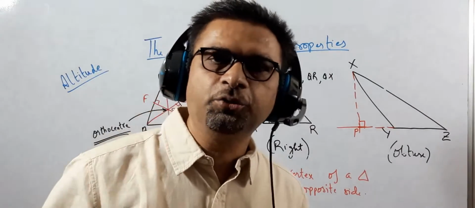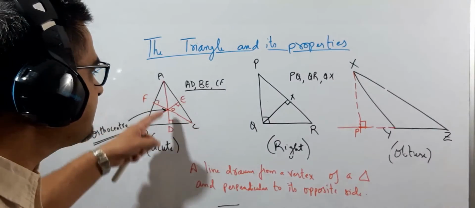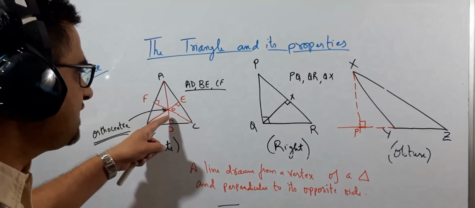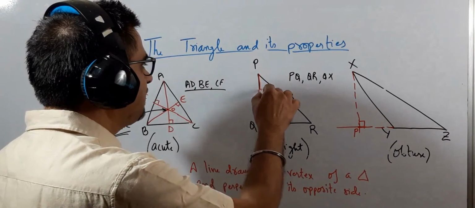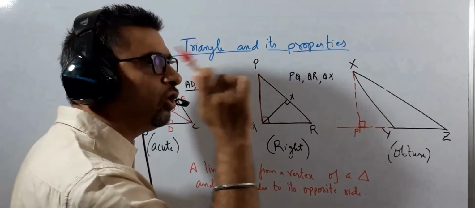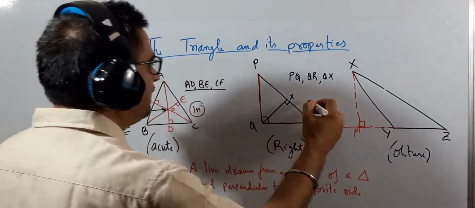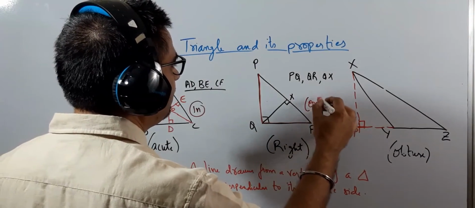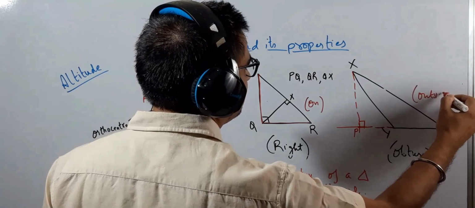What is worth noting here is that an altitude may lie inside a triangle. In this case, as we have, it may lie on the triangle. In this case, the side is the altitude. So the altitude lies on the triangle. Here it is on, and here it is outside.